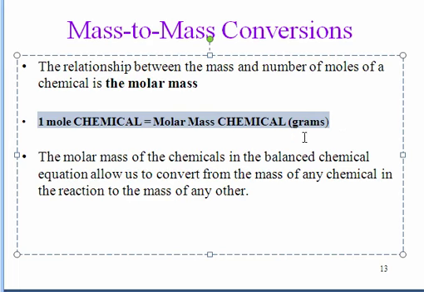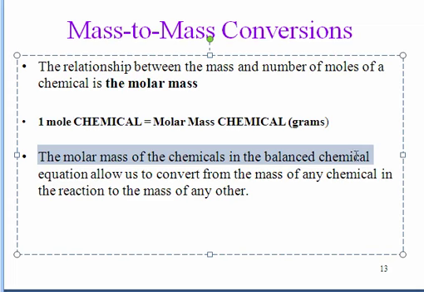But as long as we have a chemical formula and a periodic table, we can easily calculate the molar mass of any chemical. So the molar masses of chemicals in the balanced chemical equation allow us to convert between any two chemicals in a balanced chemical equation.